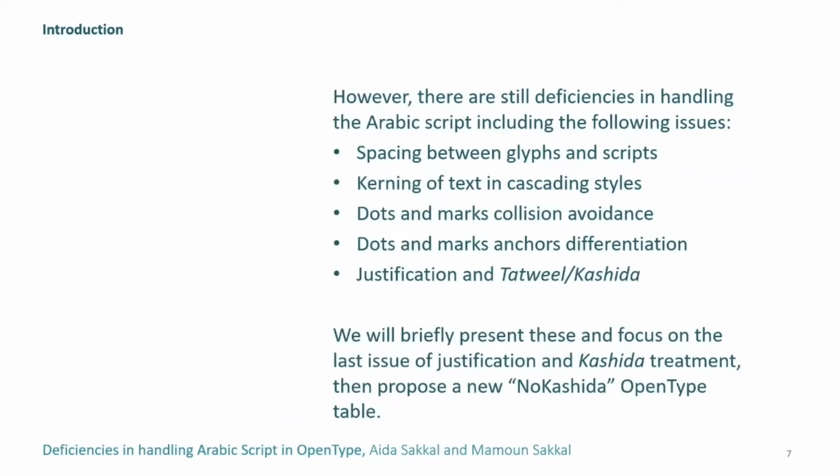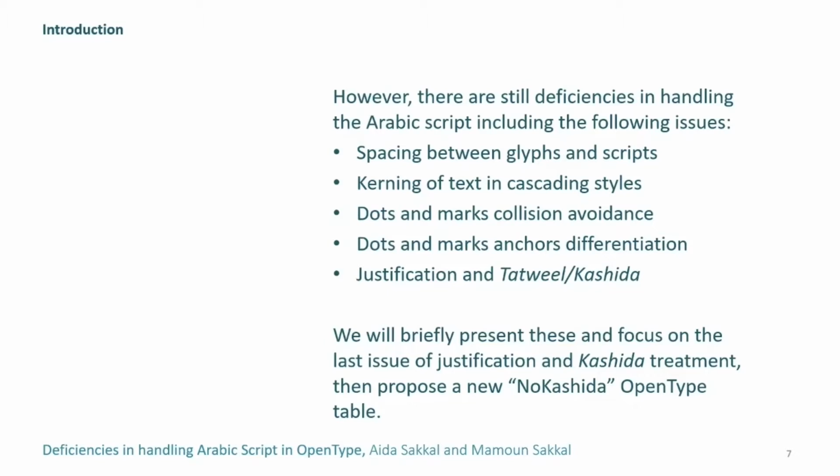There are still deficiencies in handling the Arabic script, including the following issues: spacing between glyphs and scripts, kerning of text in cascading styles, the dots collision avoidance problem, and dots anchors differentiation, as well as justification and tatweel/kashida.